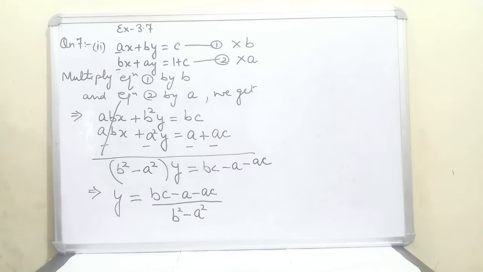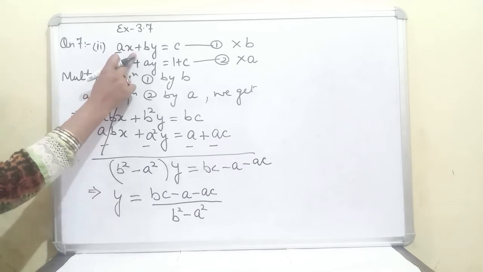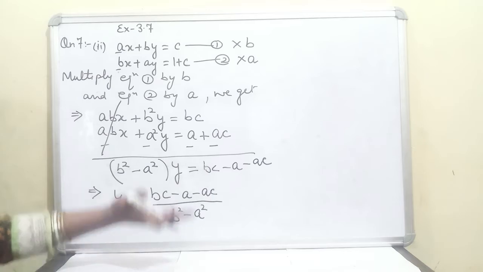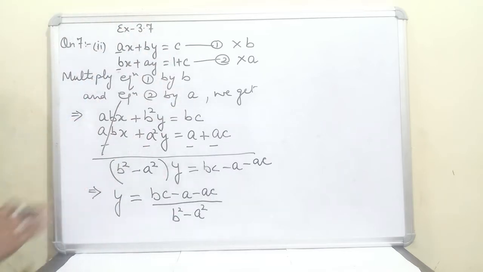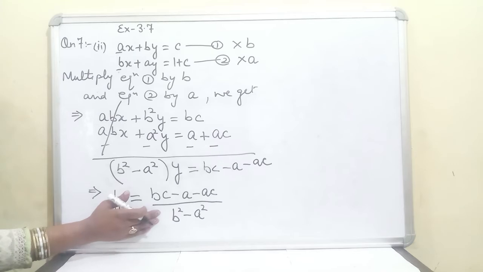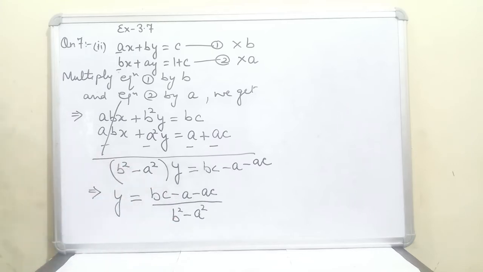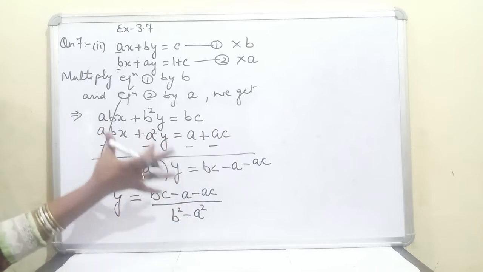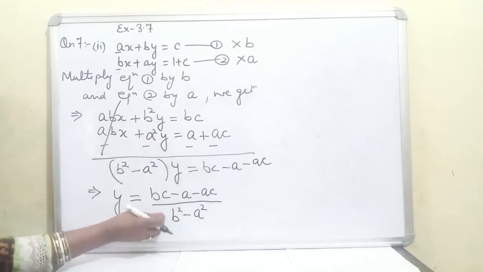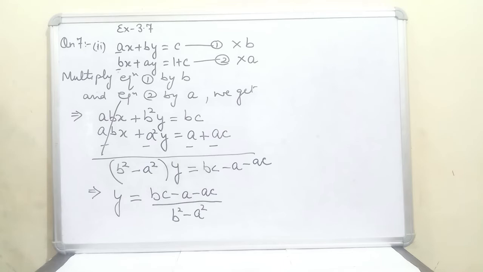And now if I want to get the value of x, I just have to put this value of y in equation number 1 or 2 and then solve it and get the value of x. But because the value of y is very large, see here, the value of y is very big, that's why I'm not going to put it again in equation number 1 or 2.